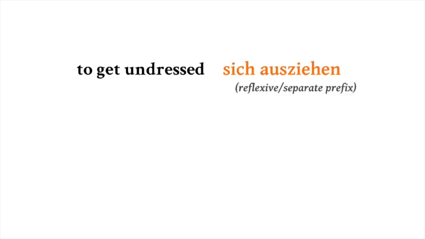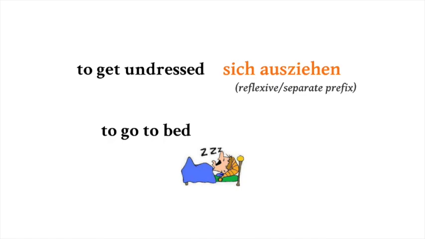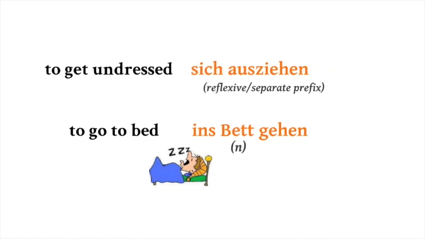The next one is to get undressed, sich ausziehen. Also, this verb is both a reflexive and separable prefix verb. And finally, to go to bed, ins Bett gehen. The translation of bed is the bed and it is neuter, das Bett. Sich ausziehen, ins Bett gehen.